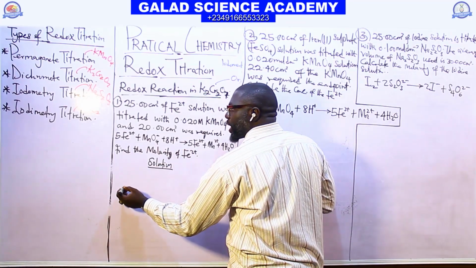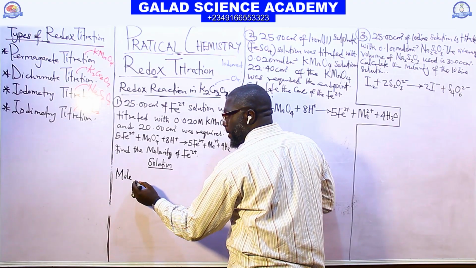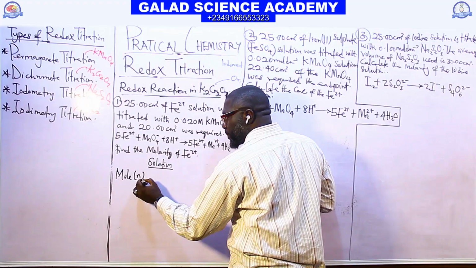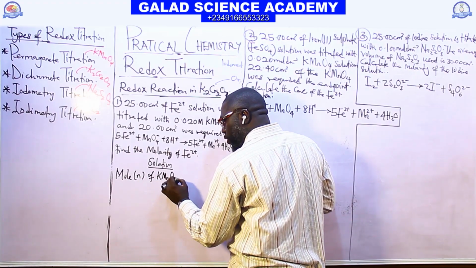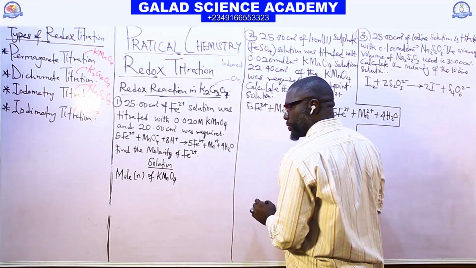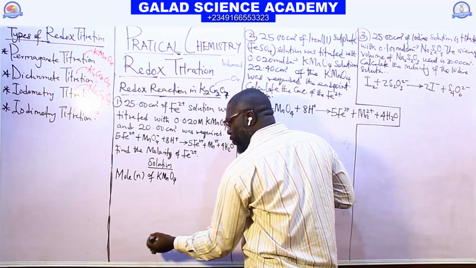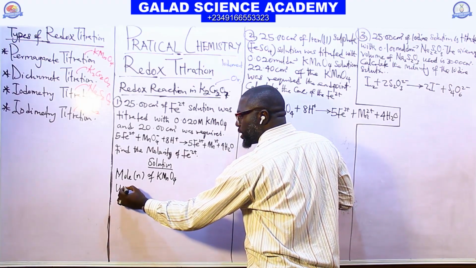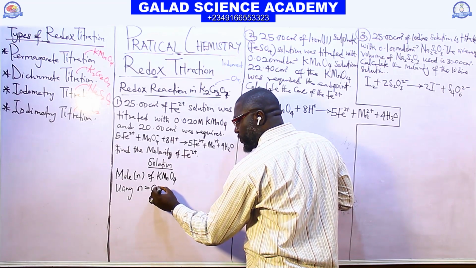To solve that, we can say the mole, n, of KMnO4. To know the mole of KMnO4, we use the common formula n equals CV.